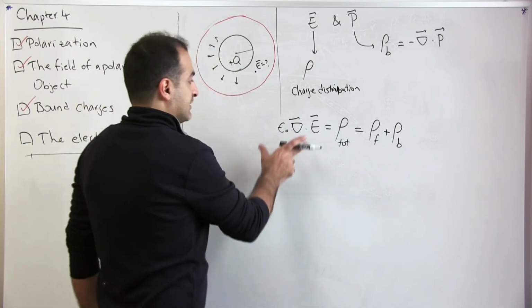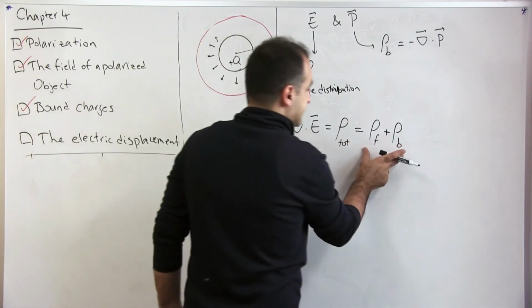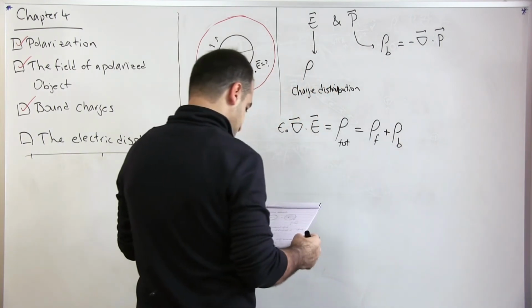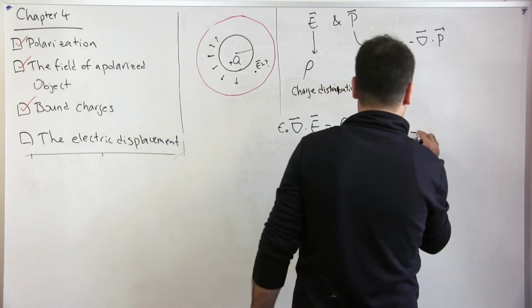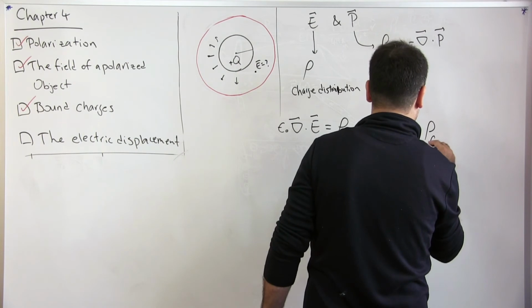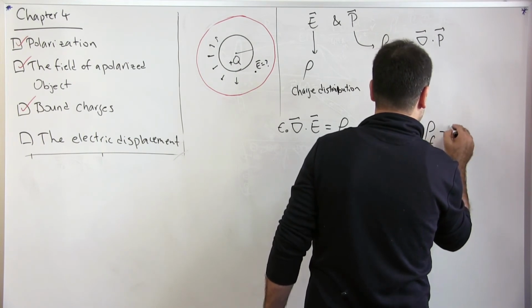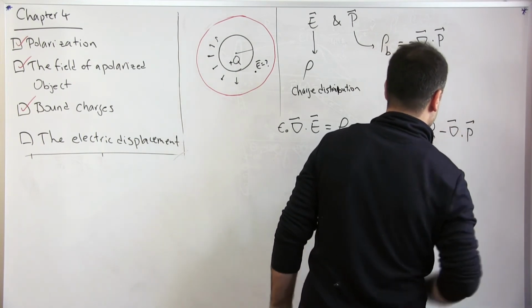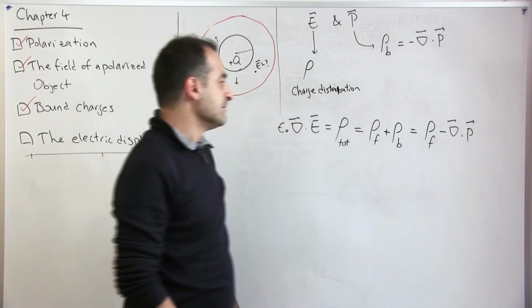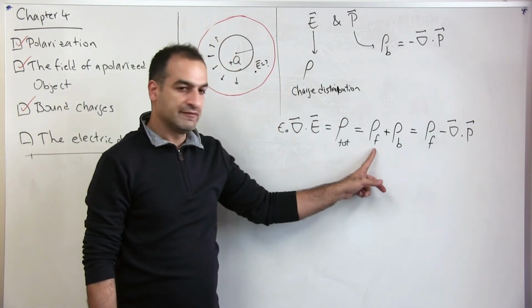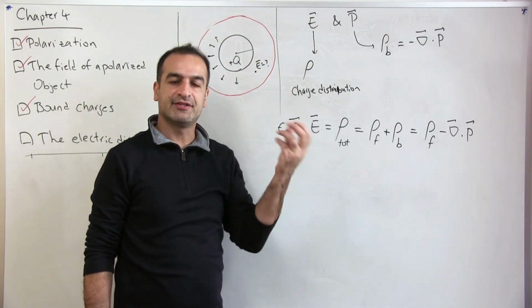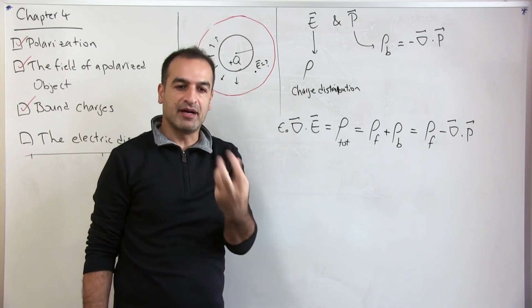The divergence of the electric field is affected by both of these, and I can write that in terms of rho F minus the divergence of P. So rho F, the free charge, is typically the charge density that the problem gives you.